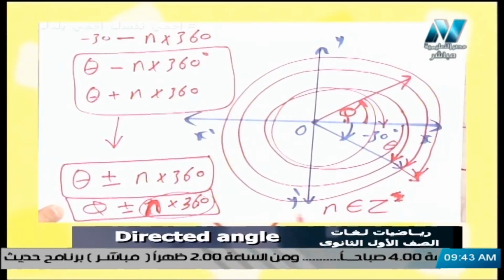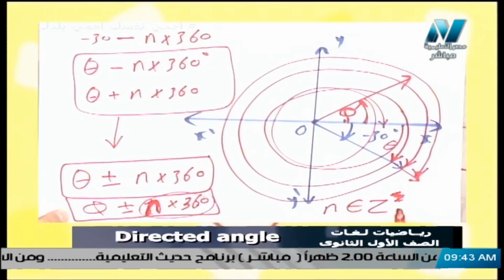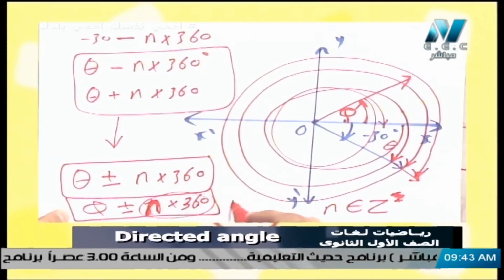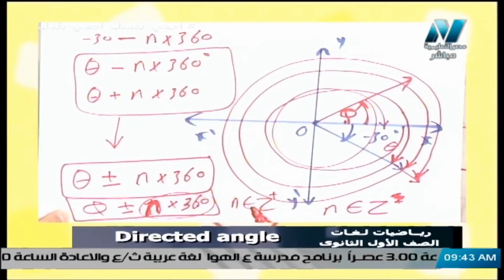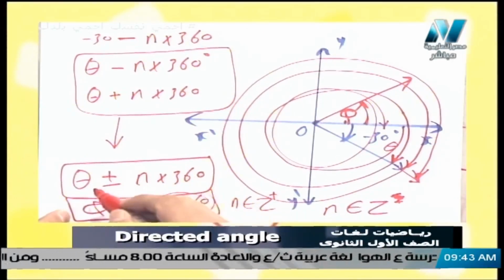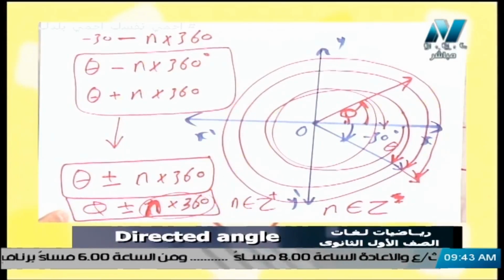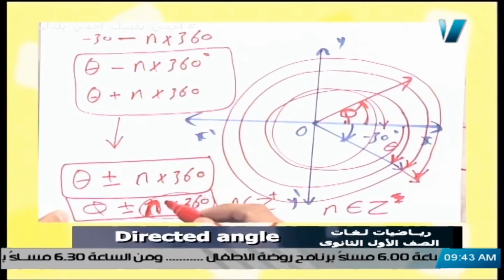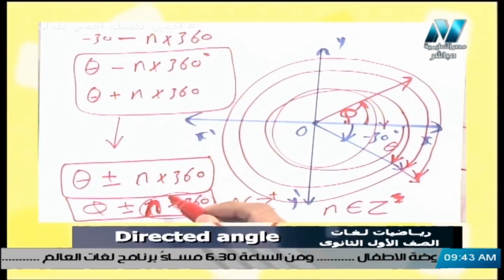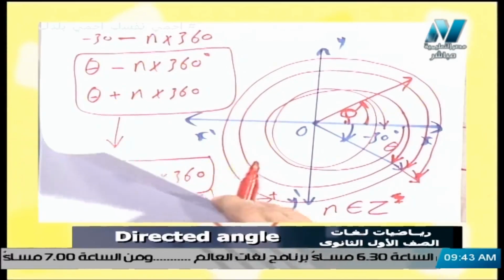But if we talk about other angles, of course we will talk about n belonging to Z positive, because if we have 0 here, it gives the angle itself. So we have an infinite number of angles equivalent to a given directed angle. Okay, let's move to some exercises here.